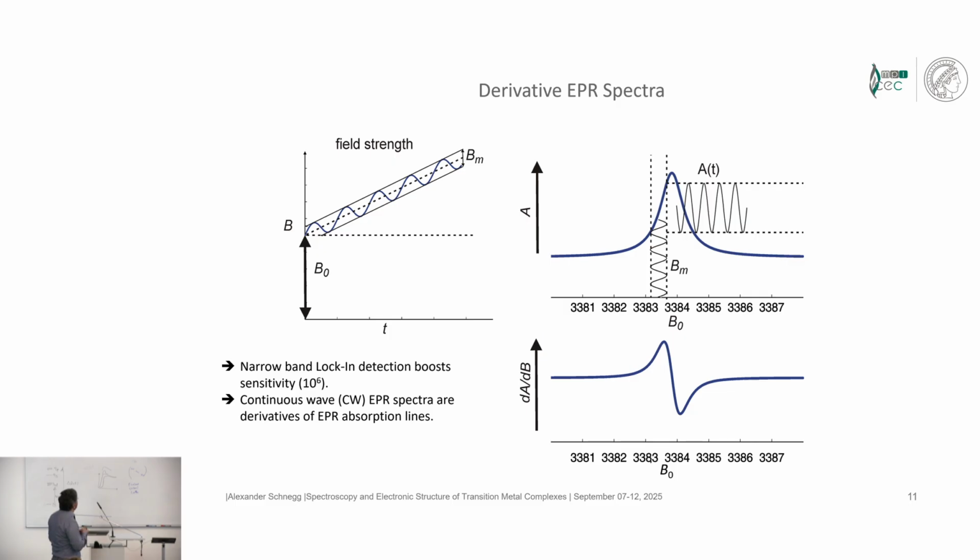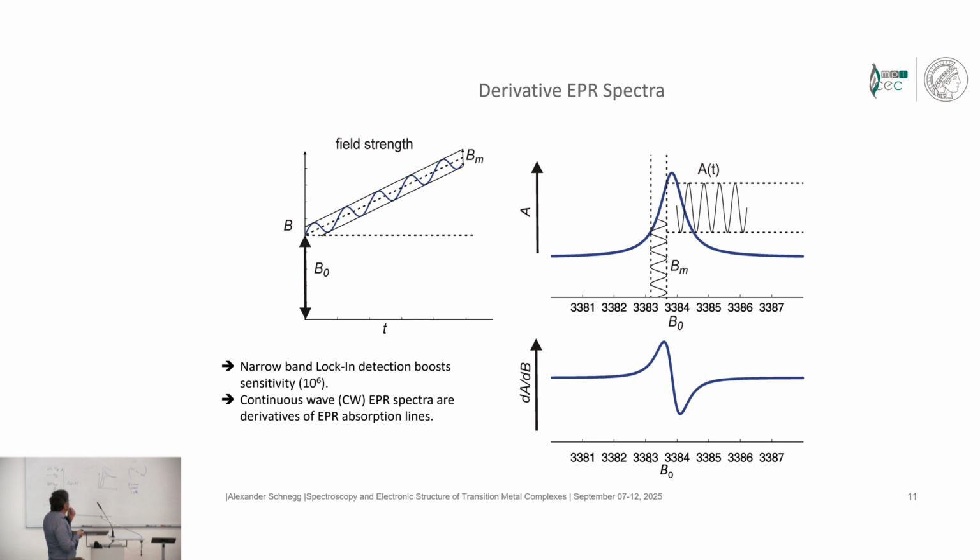What this is doing is that we scan along this axis, and at the same time we modulate our field, and this modulates the resonance signal which we get when we get into resonance while sweeping the external magnetic field. The bigger the amplitude of this modulation is, the bigger the signal. And since this is changing sign, when we go through zero we get a derivative spectrum from our lock-in detection.